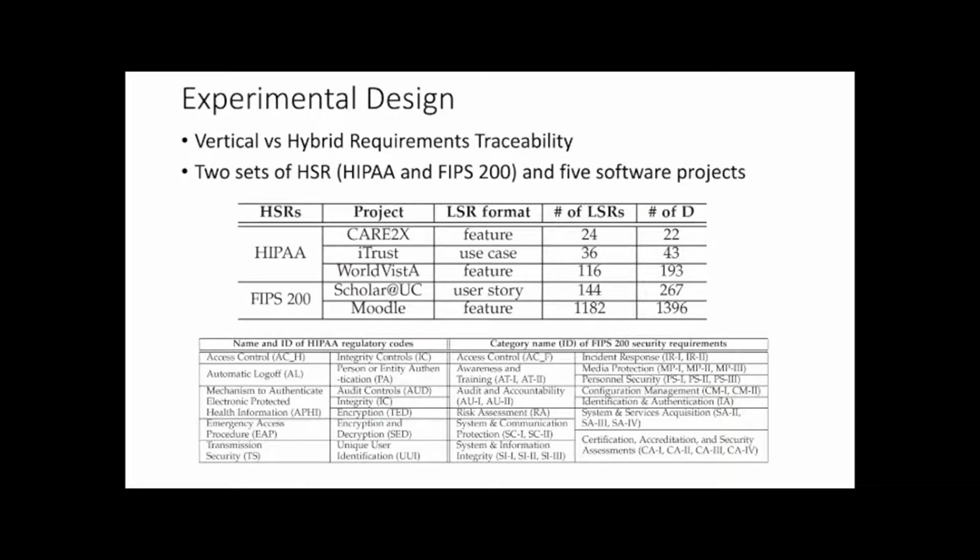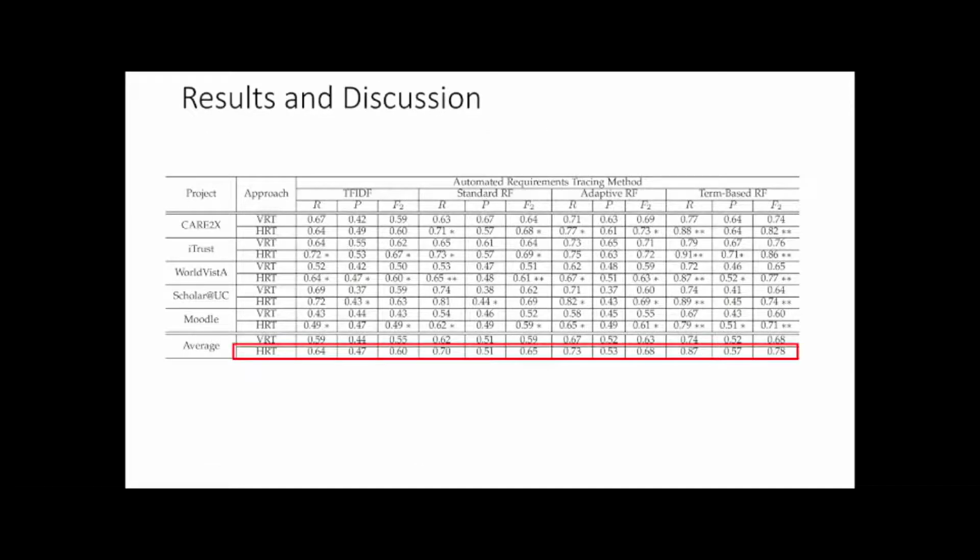We compare our hybrid requirements traceability with the vertical requirements traceability on 5 projects. The result shows that our hybrid requirements traceability achieves higher accuracy. Among the 4 types of information retrieval methods, term-based relevance feedback achieves the highest accuracy.